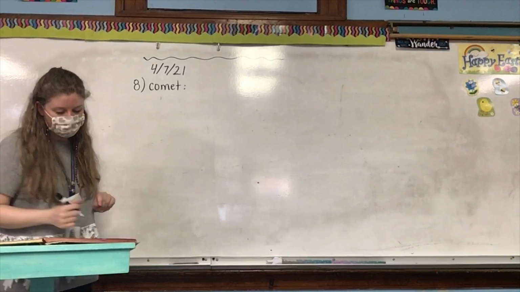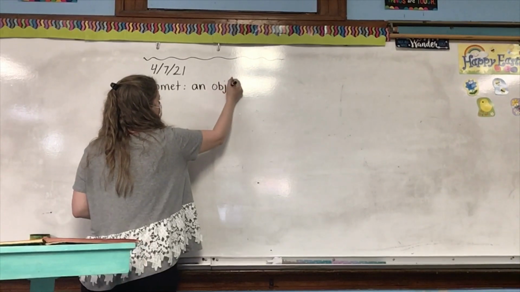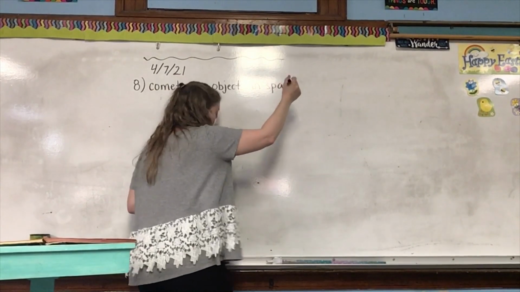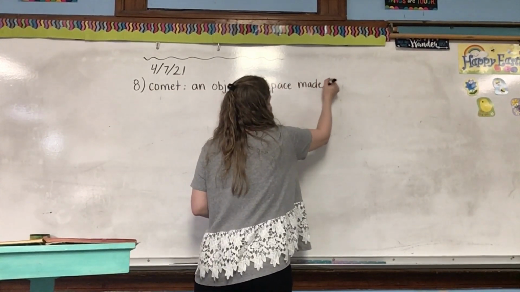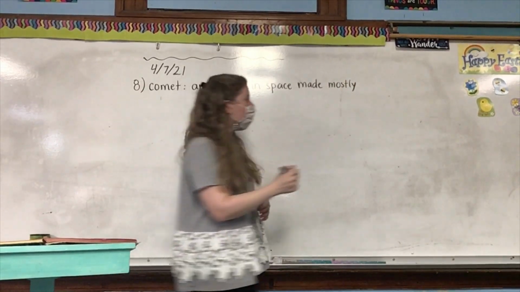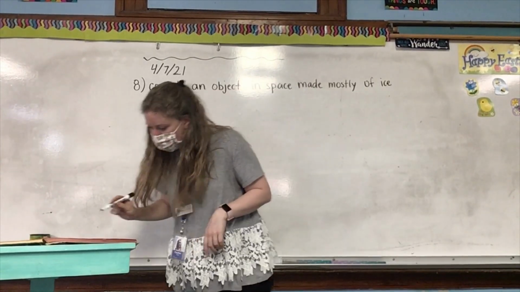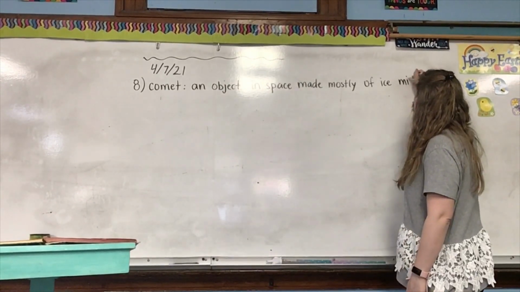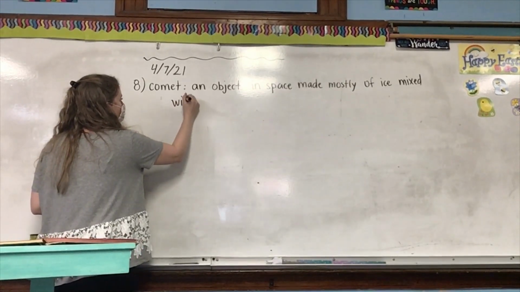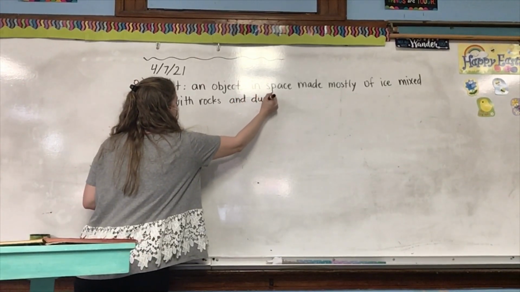What is a comet? Well, it's an object in space that is made mostly of ice mixed with rocks and dust.